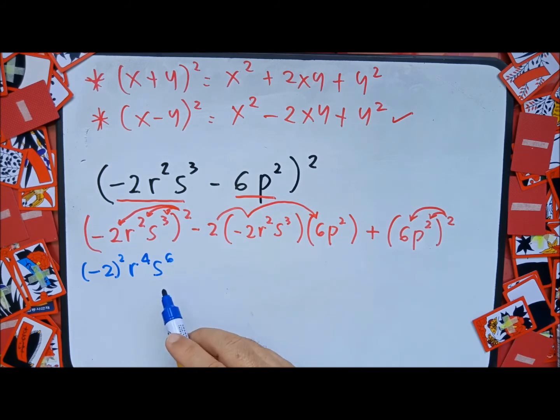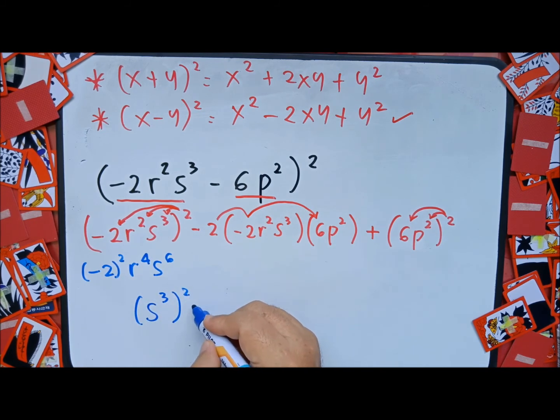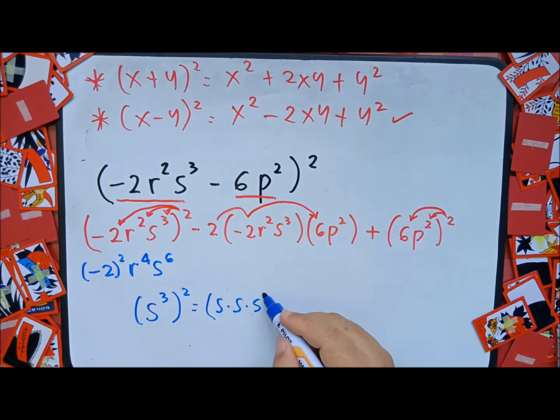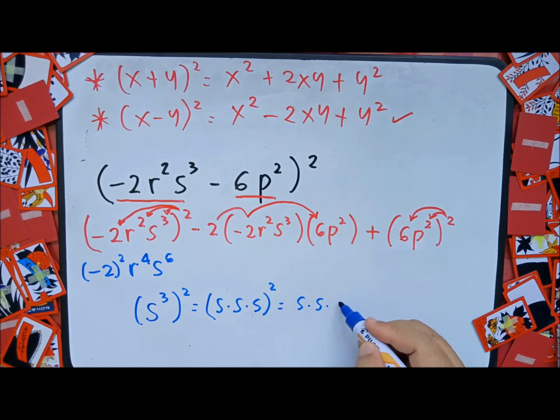Okay, you might be confused now. Power to a power. S cubed squared is also the same as s times s times s, 3 times, squared is also the same as s times s times s multiplied to itself.